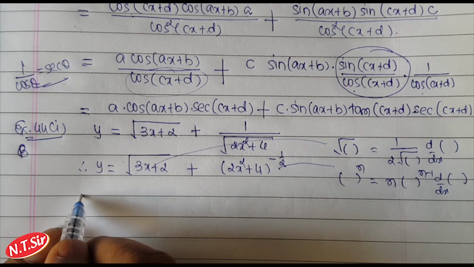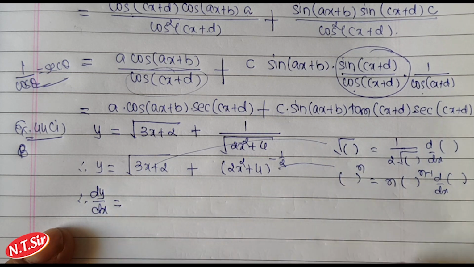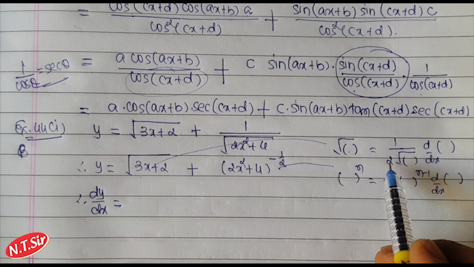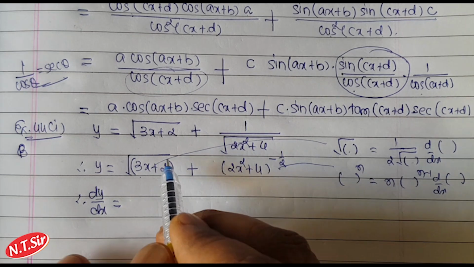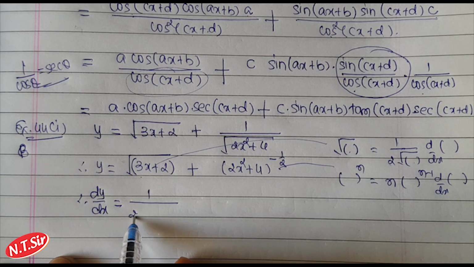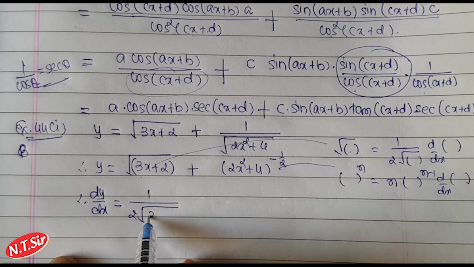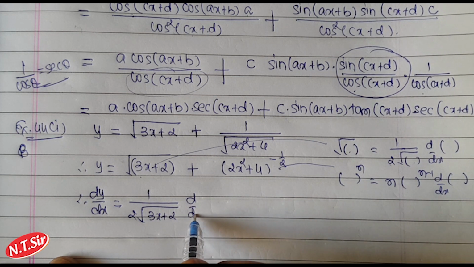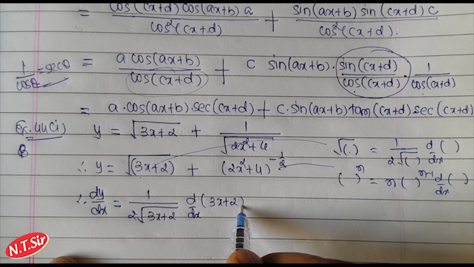So now dy by dx is equal to derivative of root bracket is 1 upon 2 root bracket. So bracket is 3x plus 2. So this is 1 upon 2 times root(3x plus 2) into d/dx of bracket, that is 3x plus 2. Got it?